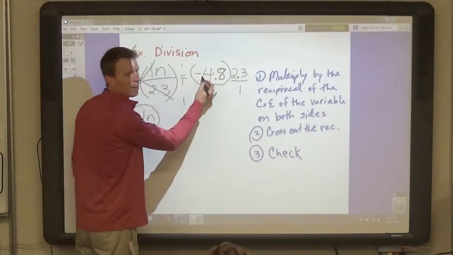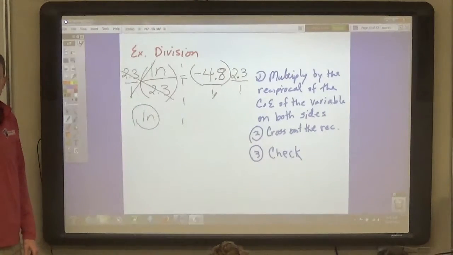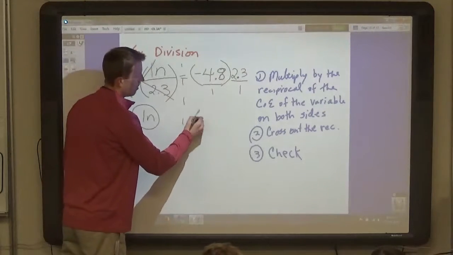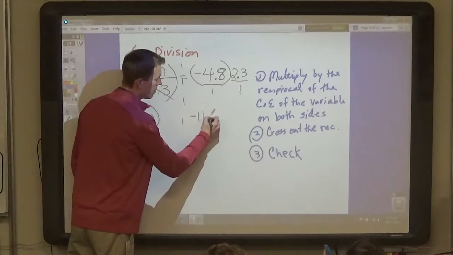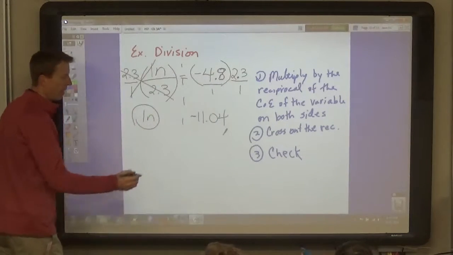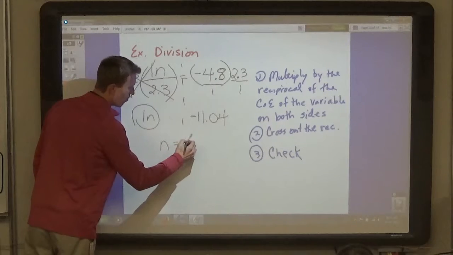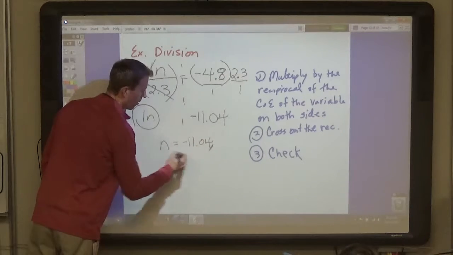So on your calculator, do negative 4.8 times 2.3. You got it, Brett? What is it? Yeah, negative 11.04. Yep. Negative 11.04. So 1n is equal to negative 11.04, that means n is equal to negative 11.04.